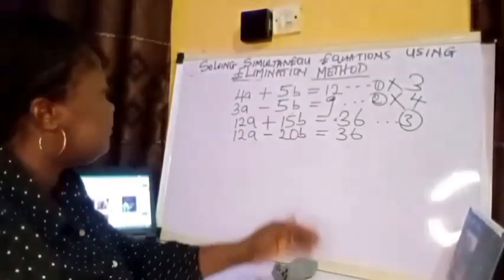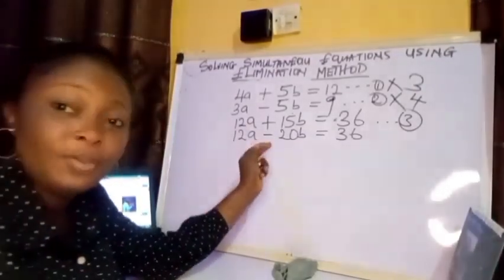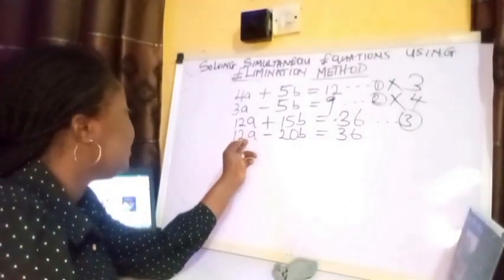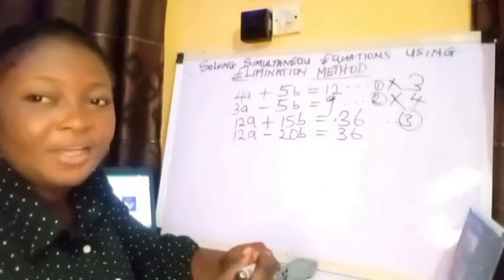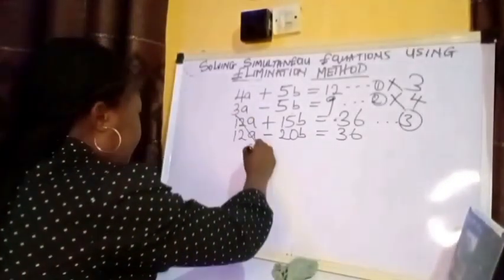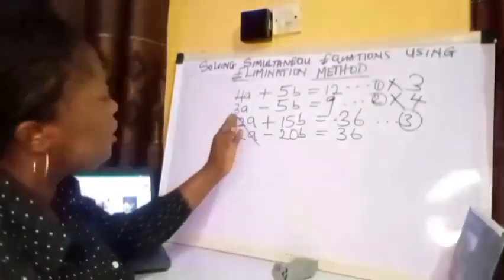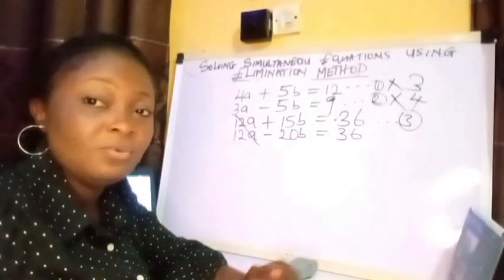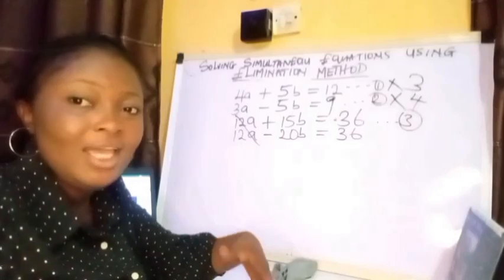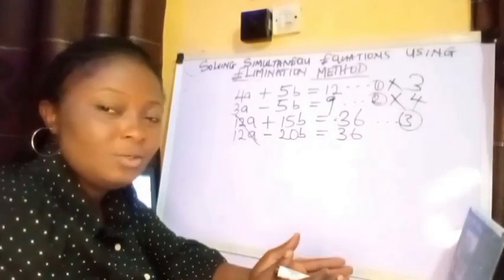At this point, we can see that the coefficient of A in equation 1 and that of A in equation 2 is the same. We can go ahead and eliminate it. After eliminating, like I told you before, you check if their signs are the same, you subtract the equations. If their signs are different, you add the equations.